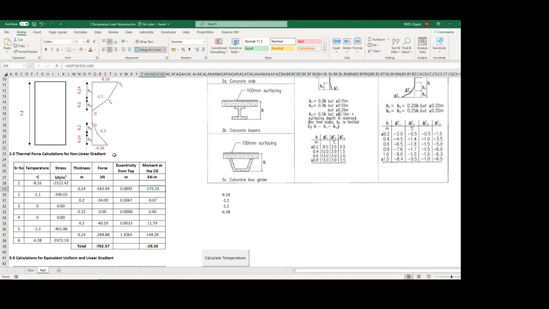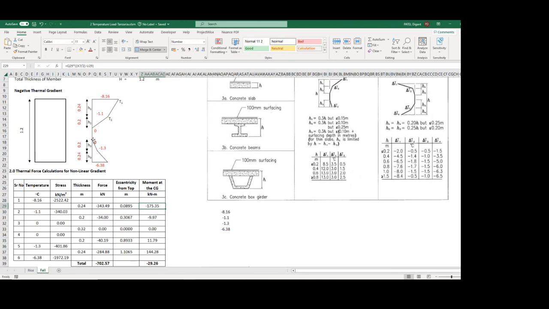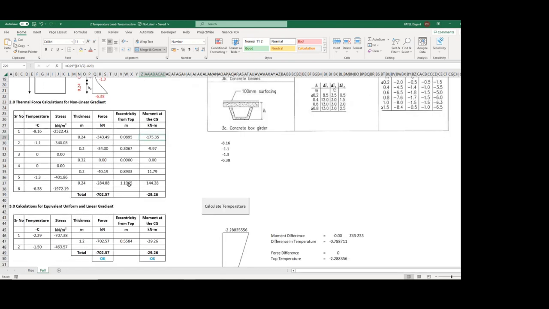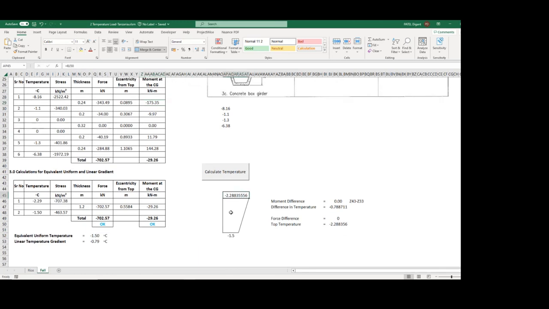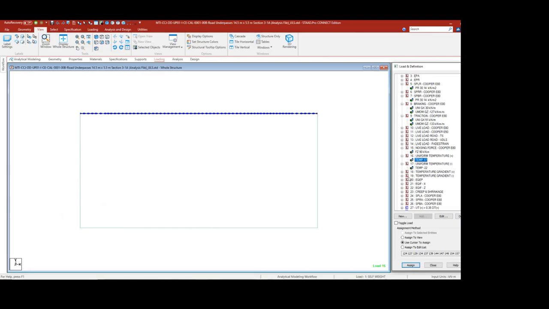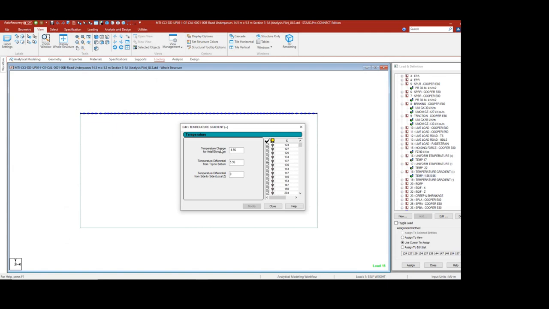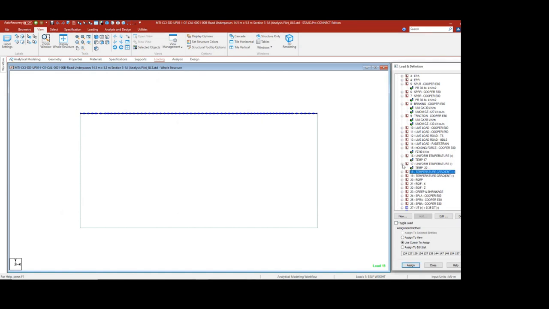We take the force and moment due to this loading diagram to the center of the section, and we use a combination of gradient loading that creates the same force and the same moment. Then we get this combination. So we apply a uniform temperature component and a differential temperature component from top to bottom. This is tricky, so you have to take care of this component.